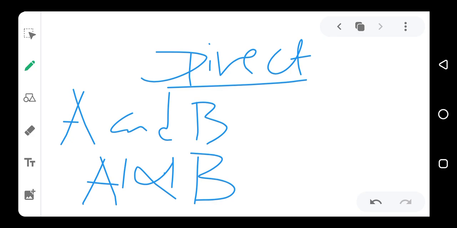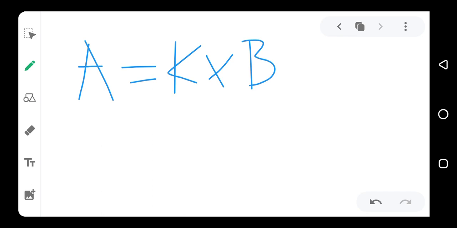We normally use K to represent a constant, although we can use other things, but most commonly we use K. So if we want to remove this sign of proportionality, we put an equal sign, and we put K. We multiply the B by K. So A is equal to, we have removed the sign of proportionality, is equal to K, which means constant, then we multiply it by B.